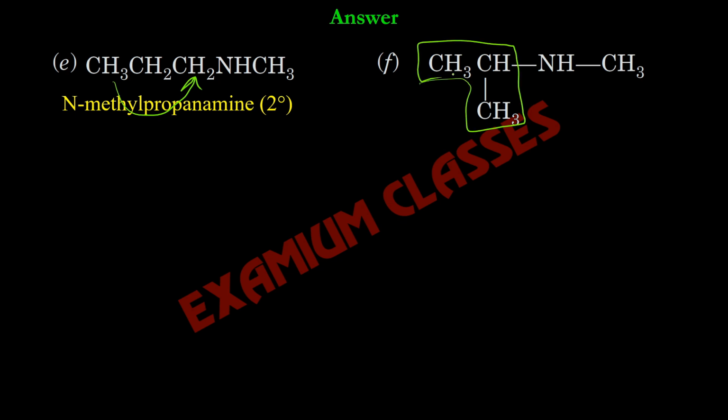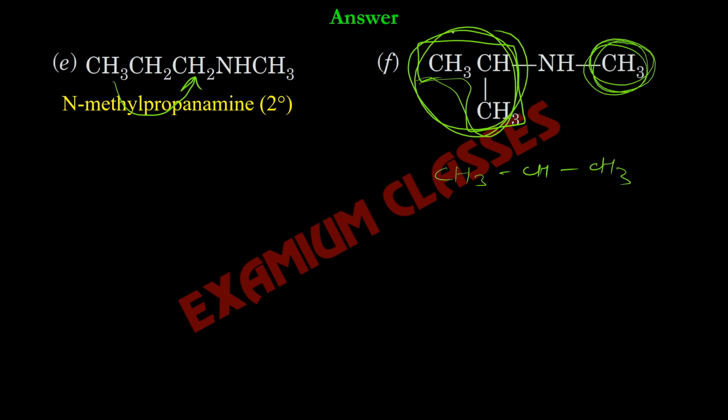Again, it is propane. On propane, you have the amino group attached. How do you name? The easiest way, I said, whenever you are confused, replace the substituents by hydrogen. So if you replace this substituent, which is not the main chain, by hydrogen, it will actually be CH3CH3. I have just written this longest chain. And on second carbon, you have nitrogen. And if you replace CH3 by hydrogen, it is NH2. Okay? So it is actually propan-2-amine, isn't it?